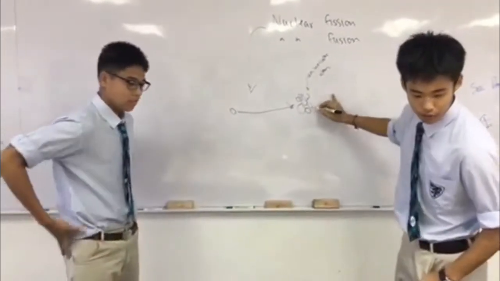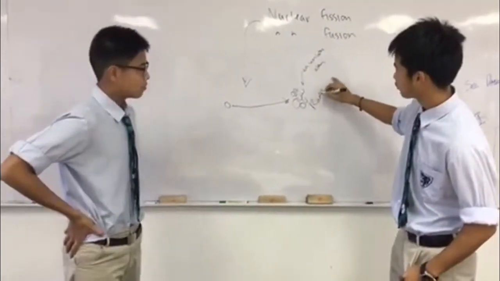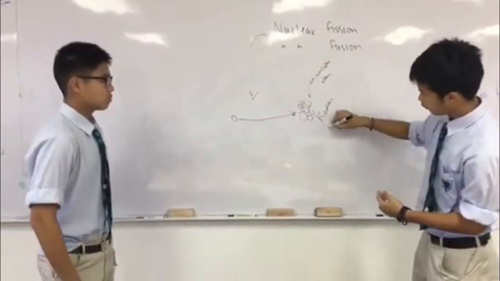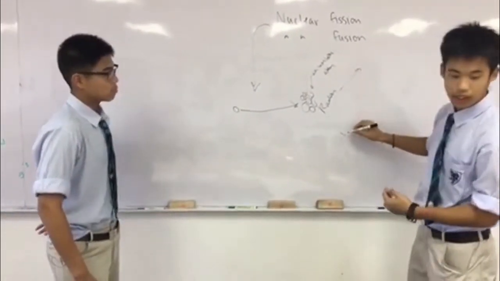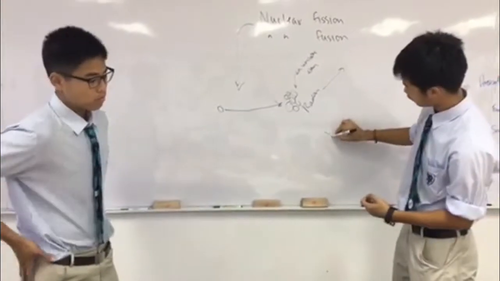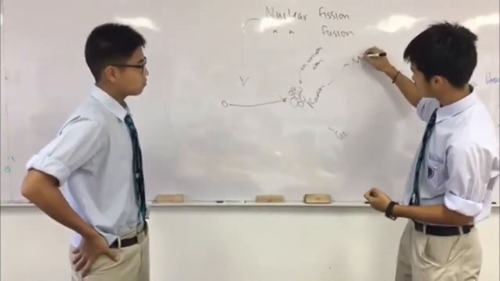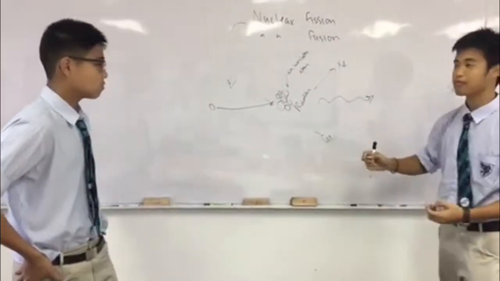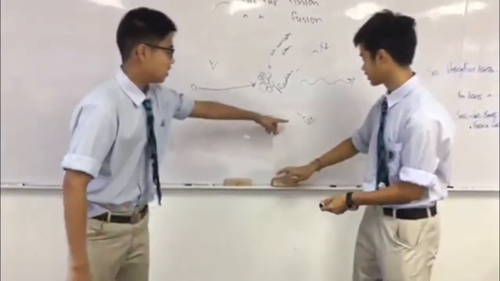For now, we'll use radon as an example. If the neutron hits this radon, it will split up into two other atoms called Ge and xenon. This process produces energy.